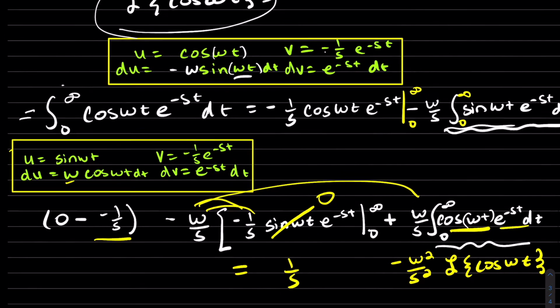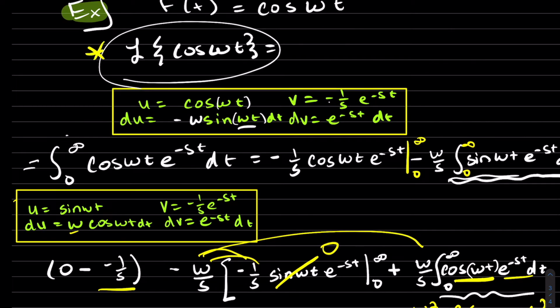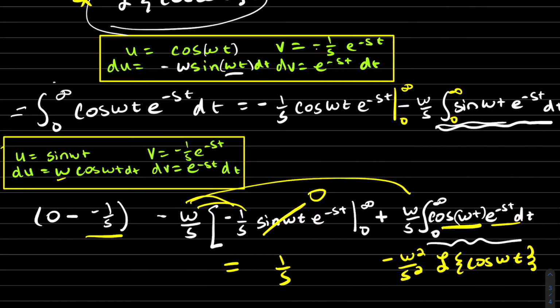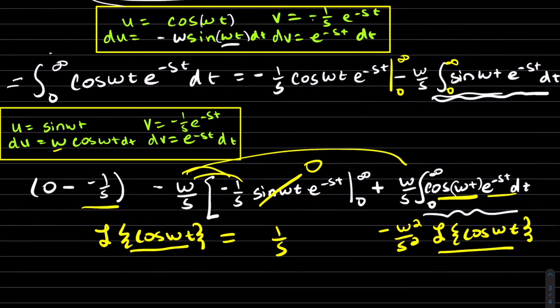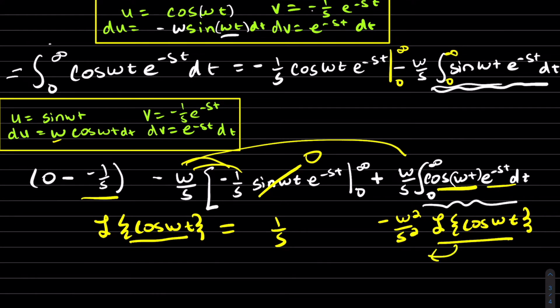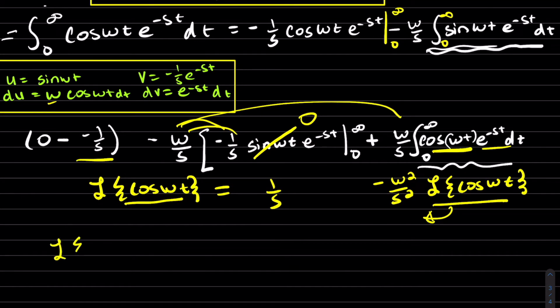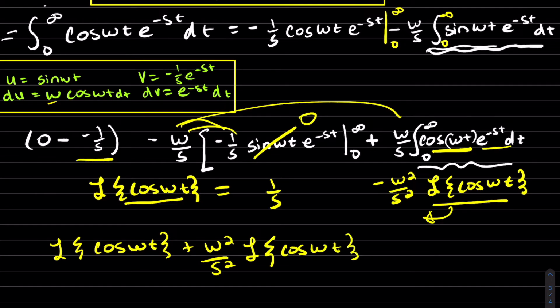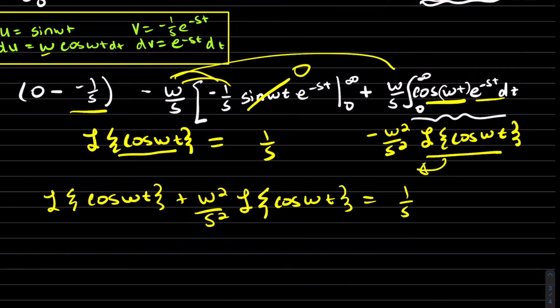And this is equal to, remember we started off here? So our goal is to solve for this Laplace of cosine. So we'll add this to that side. Factor out the Laplace.